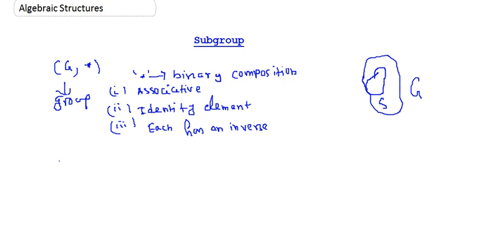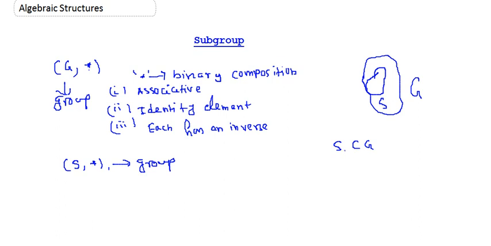If we have a subset S with the same induced composition star, and under this same composition star S becomes a group, then S is a subset of G. S may be equal to G.